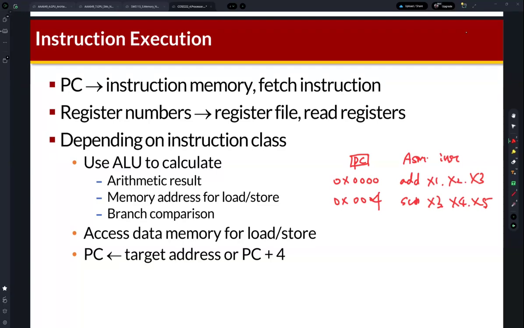So let's see which steps are required for executing instructions. Firstly, we learned that instructions are in memory, right? Instructions are also data, and they exist in memory. In order to access the data in memory, we need to set an address.